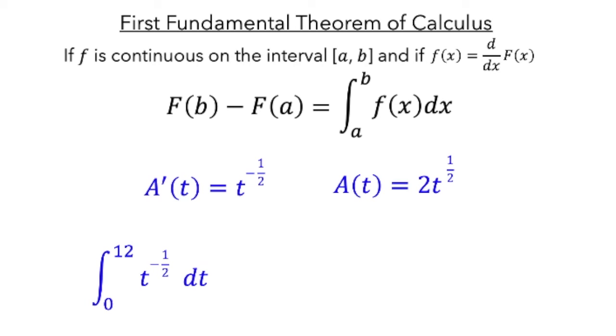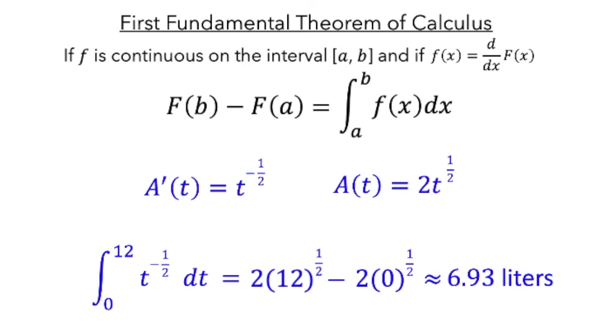So the fundamental theorem of calculus tells us how to compute this definite integral. It will be equal to a of 12 minus a of 0. Now that we know what a of t is, we can compute a of 12 and a of 0. Then we'll find the scrubber would have removed approximately 6.93 liters of CO2.